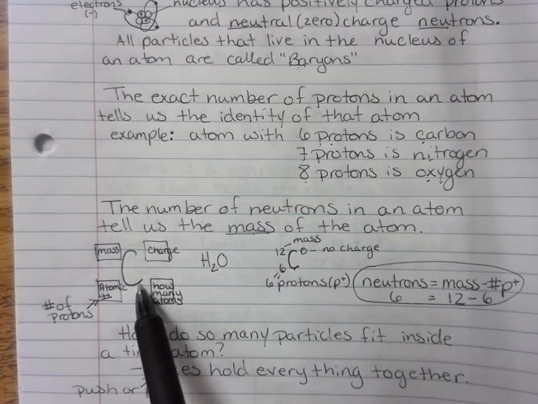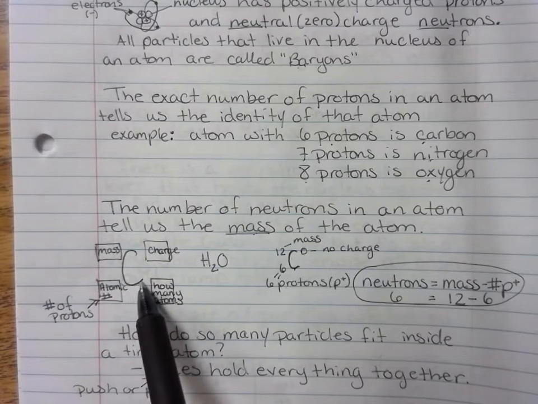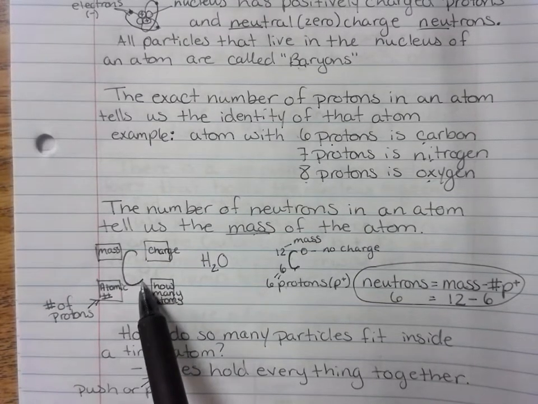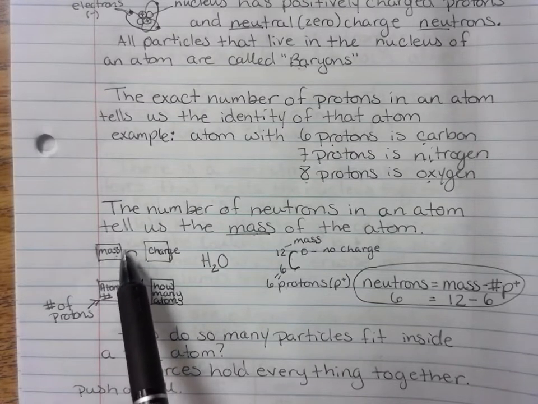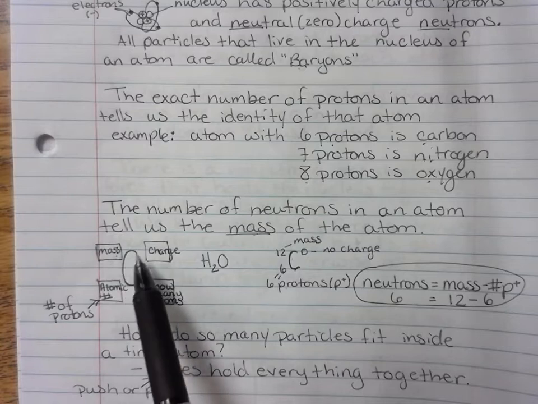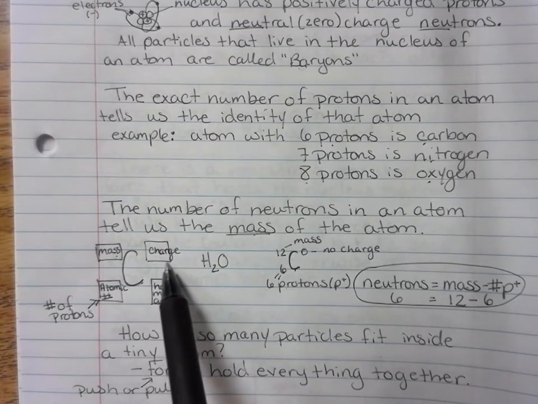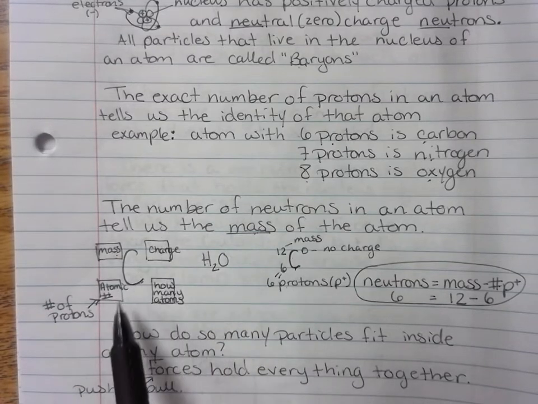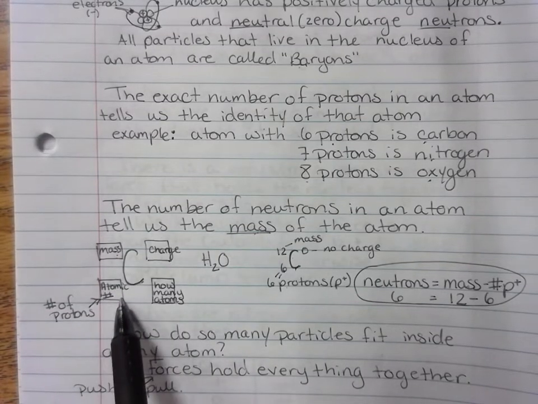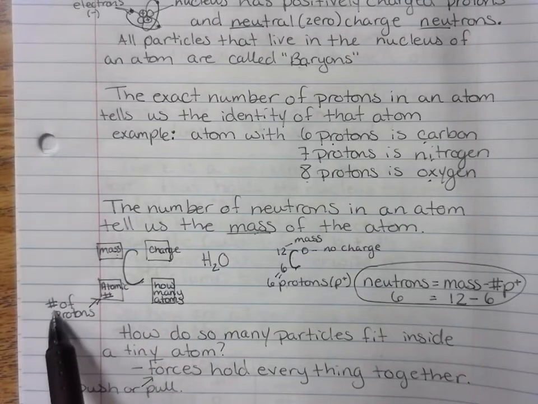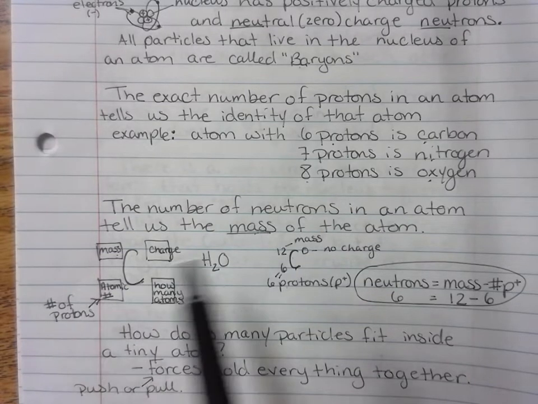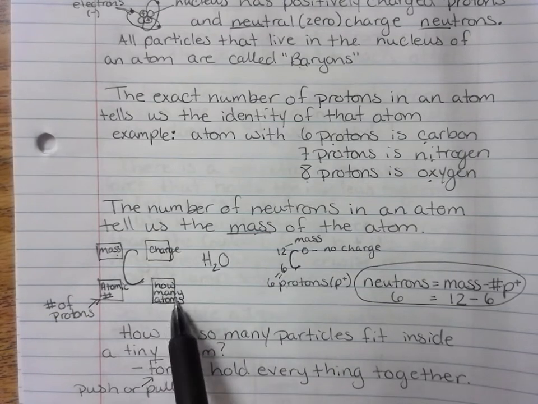Hopefully this looks somewhat similar. If we have a giant C for carbon, we have our boxes. In this top box here, this is where our mass number goes. In our other top box here, that's where our charge goes, if there's a charge on our atom. Down here, bottom left, the atomic number, and the atomic number also tells us the number of protons. And then down here, bottom right, this tells us how many atoms we have.